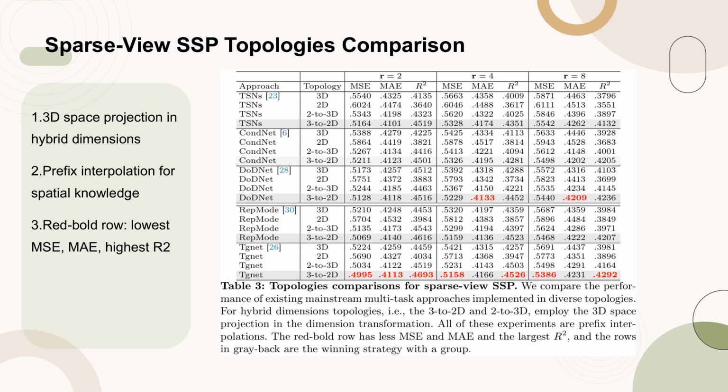All experiments utilize prefix interpolation to incorporate prior spatial knowledge into the model learning process. The red bold row indicates the strategy with the lowest mean squared error, MSE, and mean absolute error, MAE, as well as the highest R-squared, R2, value. The rows highlighted in gray represent the winning strategies within their respective groups.